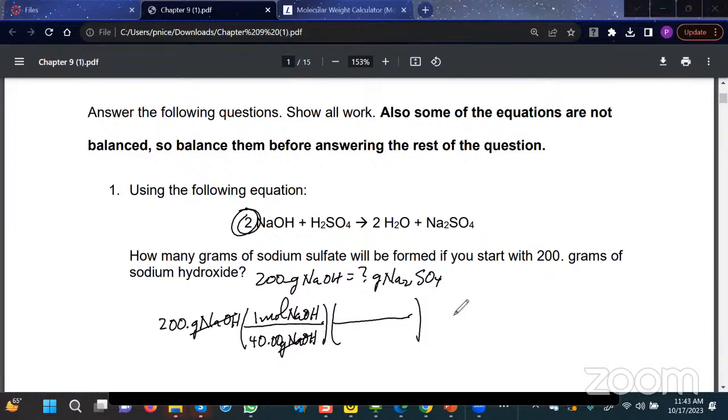What's the next step? Okay, the mole ratio. So what would go up top here and what would go down here to represent the mole ratio between the sodium hydroxide and the sodium sulfate?